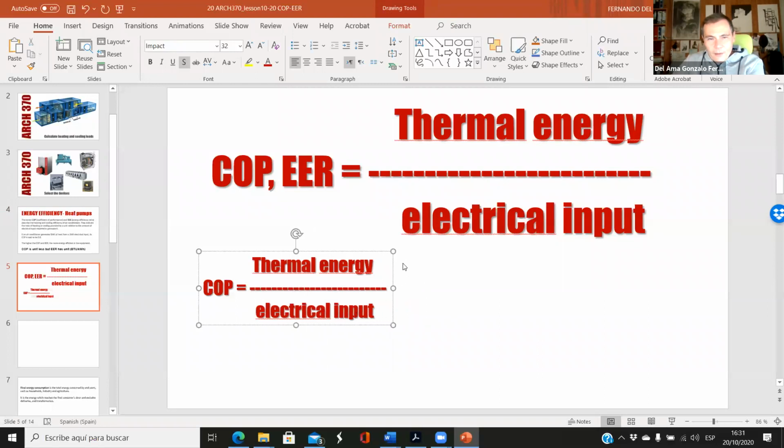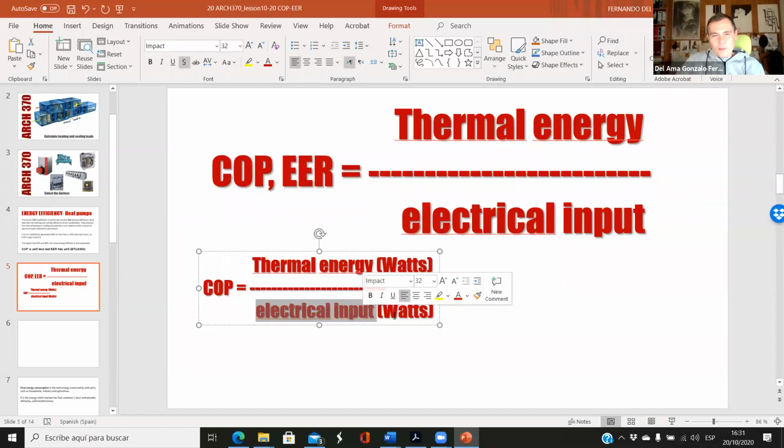Why? Because we are comparing, let's say, watts and watts. Why are we comparing watts and watts? Because the electrical input is always in watts. When we're talking about electricity, we're not talking about BTUs, we're always talking about watts. So if we generate thermal energy with international units, we are talking about power, which is watts. So this is the COP.